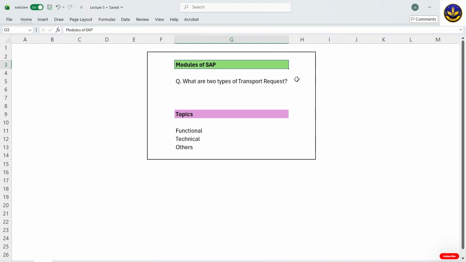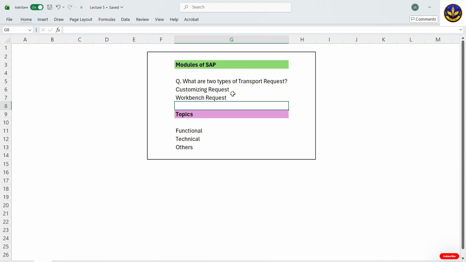Hello everyone. Now we are going to discuss the modules of SAP. This was the question in our last session: what are the two types of transport request? The first one is the customizing request, and the second one is the workbench request.